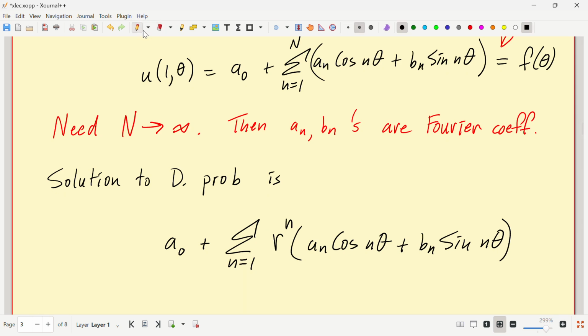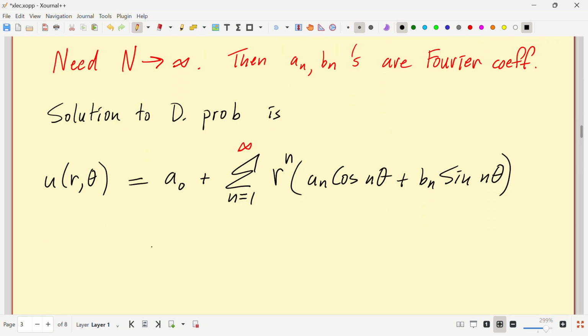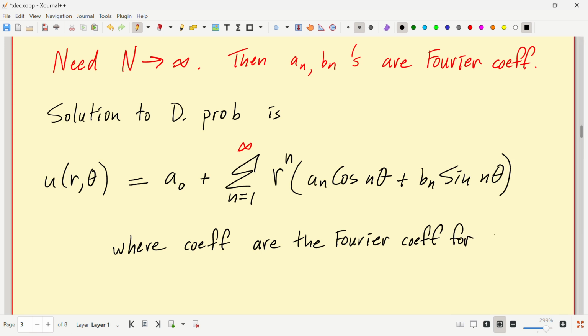Okay, I have to let this go to infinity now. And this is going to be the u of r theta, where the coefficients are the Fourier coefficients for the boundary conditions, for the boundary temperature. Where the coefficients are the Fourier coefficients for the boundary function f of theta.